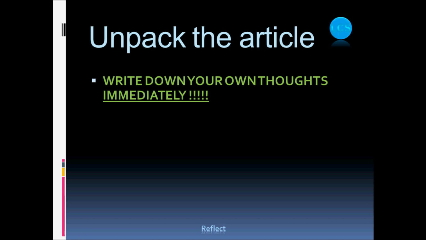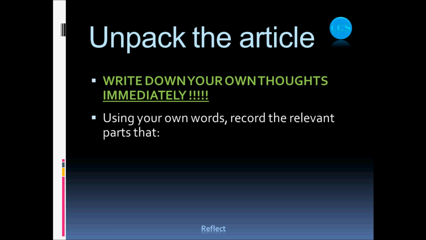Bear in mind, all along, it is important to write down your thoughts as they occur to you immediately. And I mean that with all sincerity. Make sure that while you are sitting reading, if a thought comes into your head, stop, write it down.